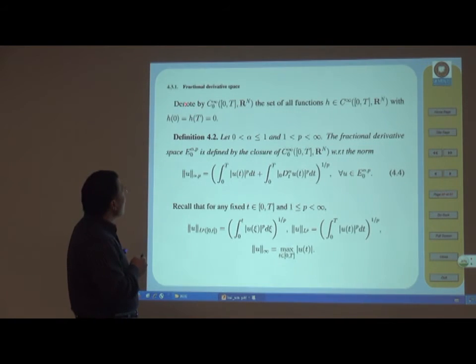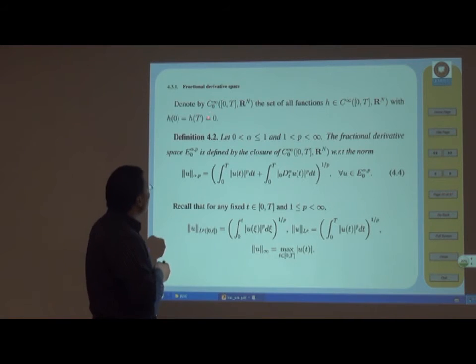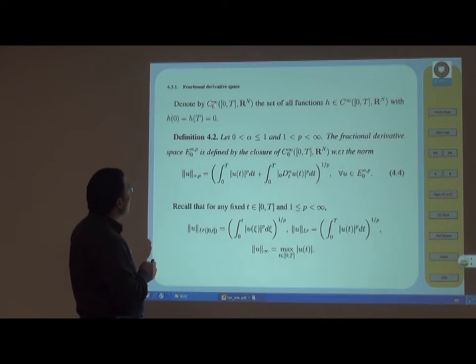Firstly, denote by C0 infinity the solvable space. And this 0 means u at 0 equals u at t equals 0.